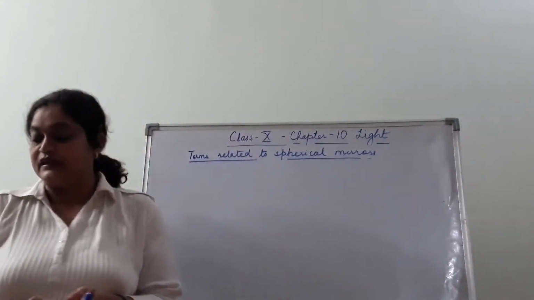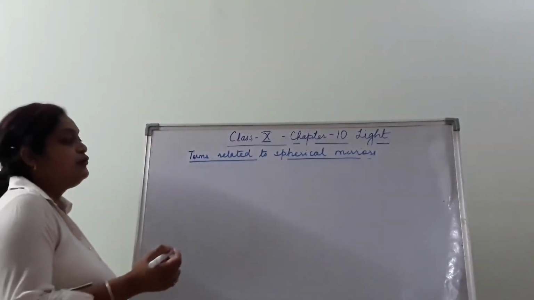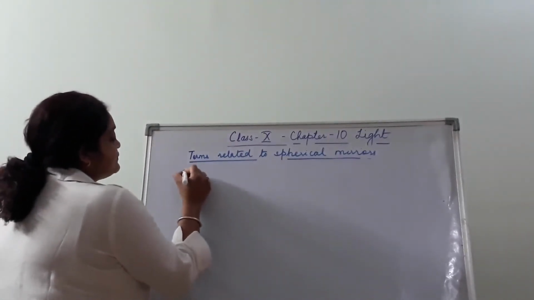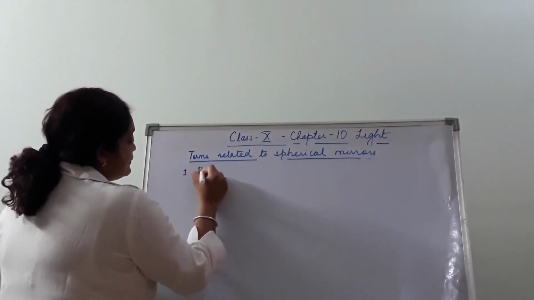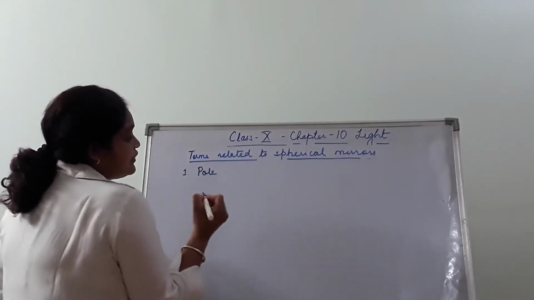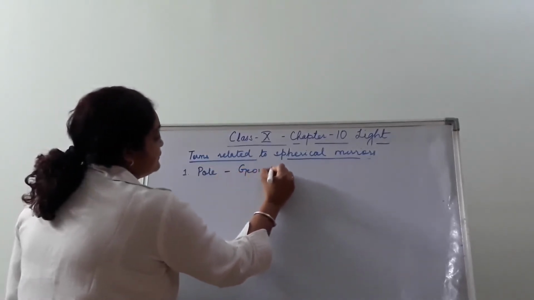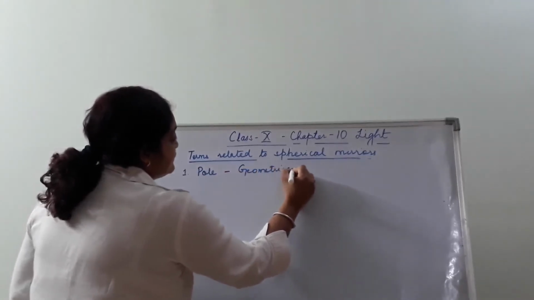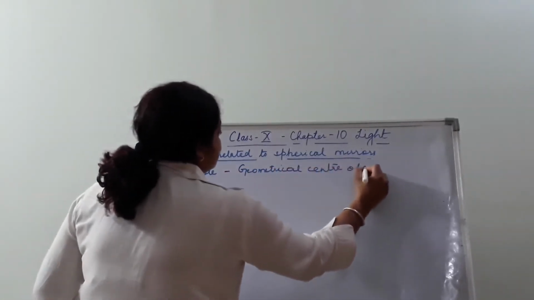These are the terms that are related to spherical mirrors. Let us revise. First is pole. What is pole? Pole is the geometrical center of the mirror.